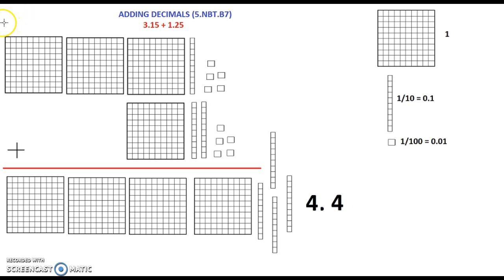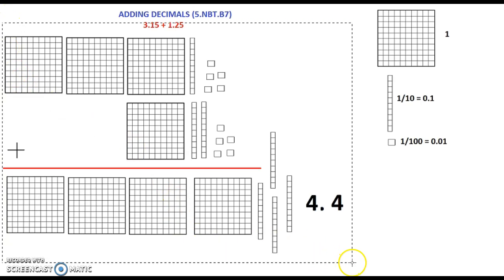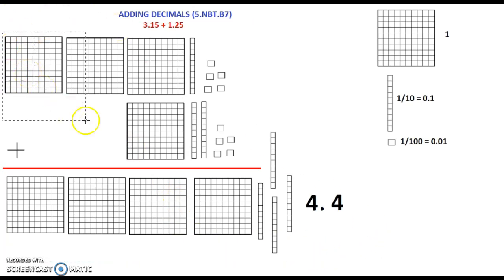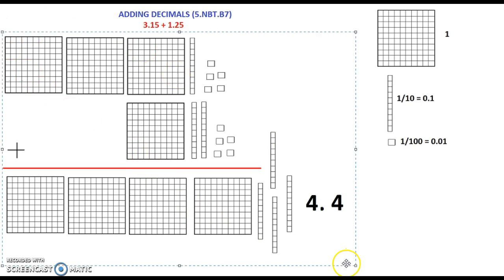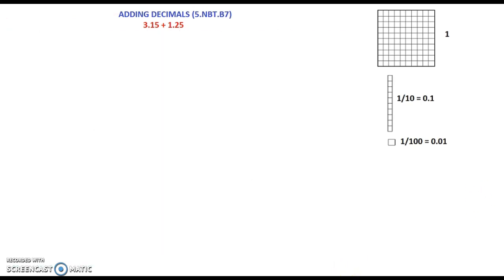Let's scrap our photo and see if we get the same answer without our blocks. So we have 3 and 15/100ths plus 1 and 25/100ths. Conveniently, I happen to have the same number of digits for both of these addends.